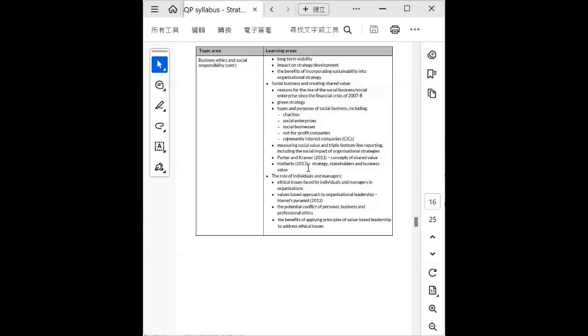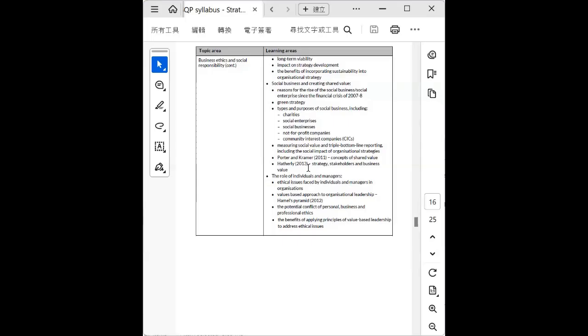So in here there are two concepts or models, which are Porter and Kramer's concept of shared value and Hathaway's. Maybe you can discuss some of these concepts when appropriate.